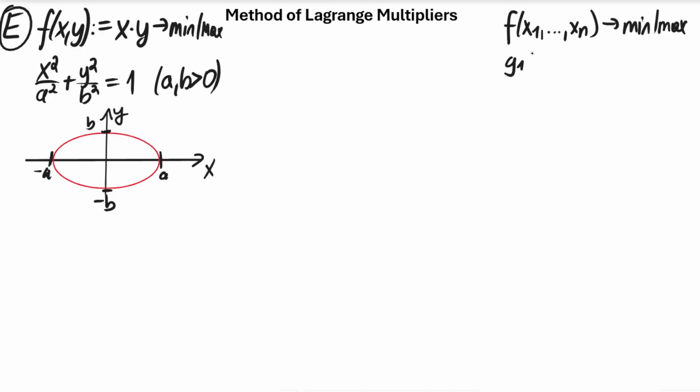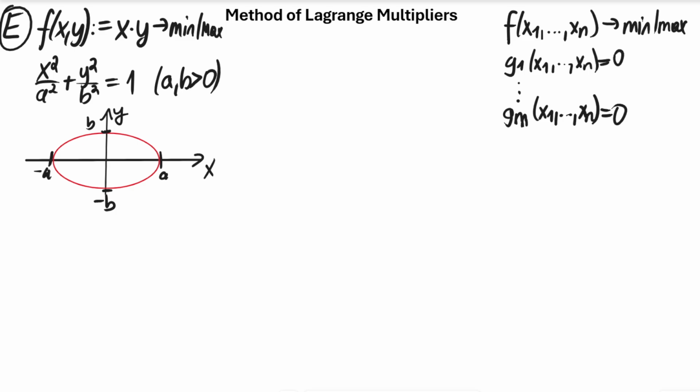In general, we don't only have one, we have m constraints, so it goes down to g m. And we say these are equations in the form that they equal 0. So n is the dimension of the space and m the number of constraints.